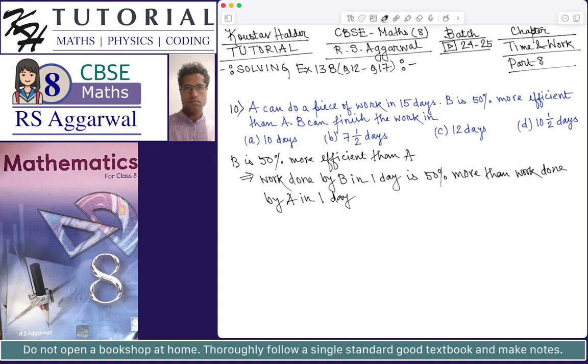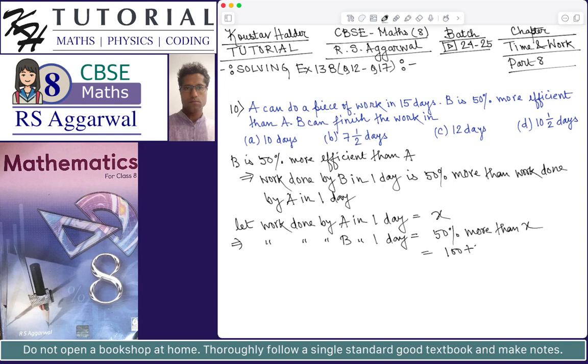So let the work done by A in one day be equal to X. This will imply that the work done by B in one day, since it is 50% more than the work done by A in one day, will be 50% more than X. This is equal to (100 plus 50) divided by 100 into X, and this is 3x by 2.